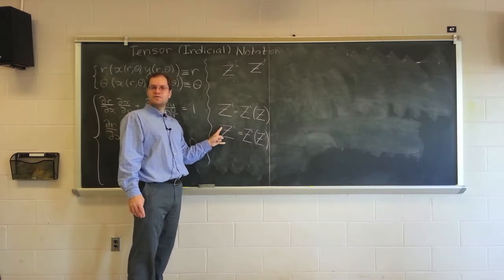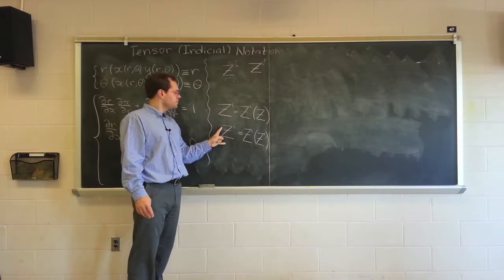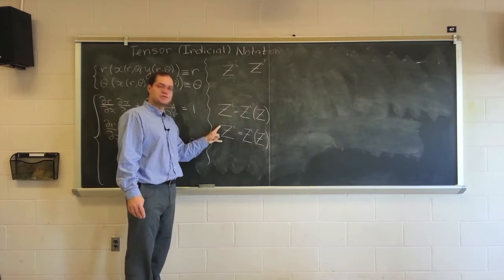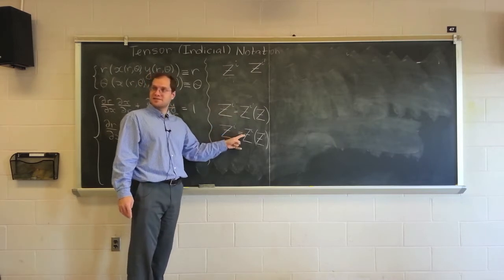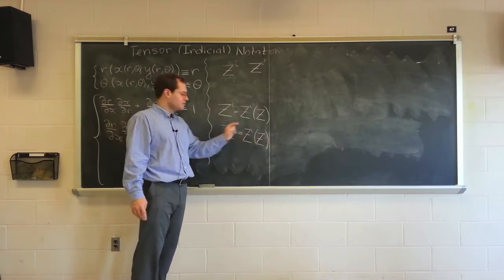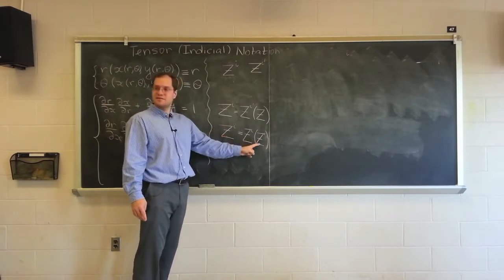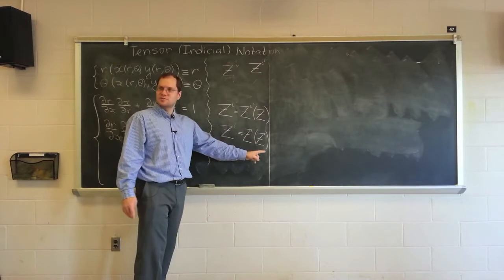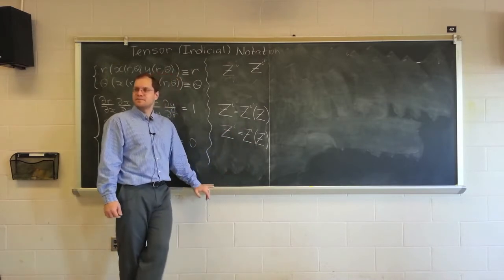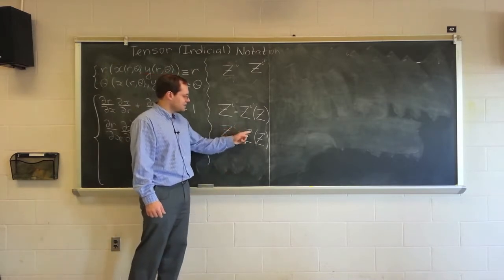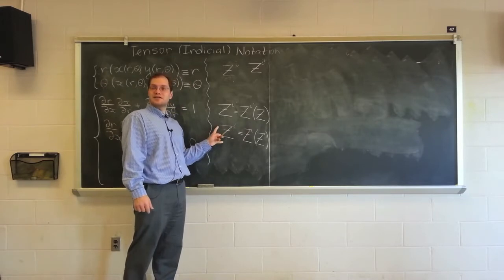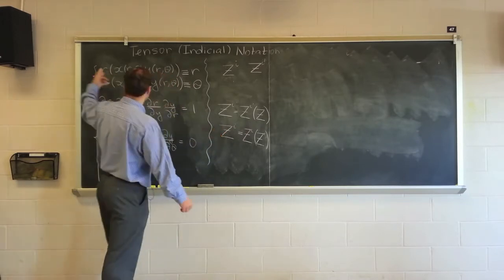One for r, one for theta, one for phi. That's here. And here I want to have three identities: one for x, in terms of r, theta, and phi. One for y, in terms of r, theta, and phi. And one for z, in terms of r, theta, and phi. So this, having a live index here, reminds me that this is actually three identities, just like these are two identities.